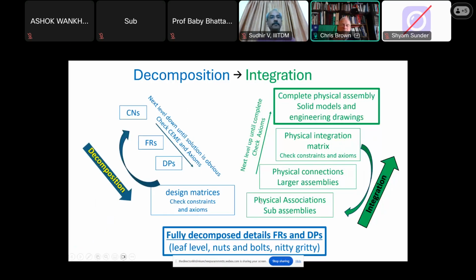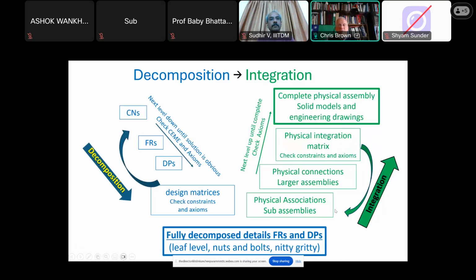And we can start with sub-assemblies and larger, and then look at the physical integration, because we also need to avoid introducing coupling, because two DPs are interacting that should not be interacting, because they have been assembled in such a way that they're interacting. So here we're looking for functional independence.